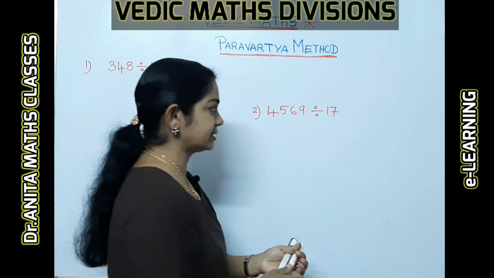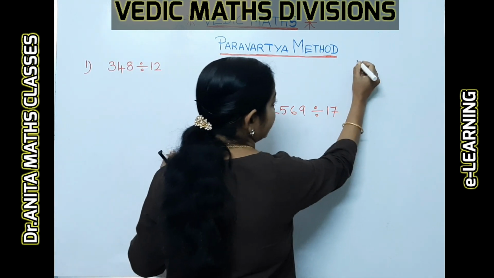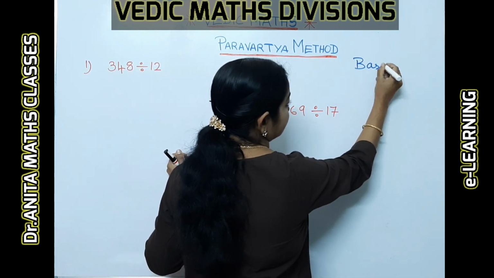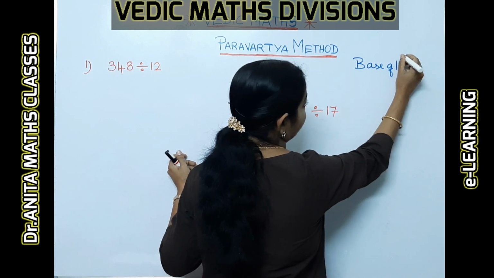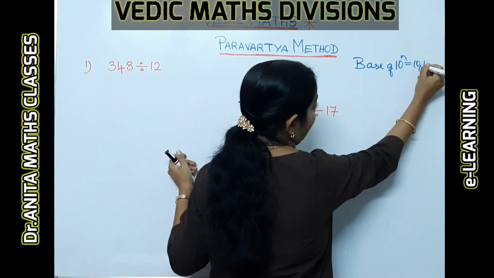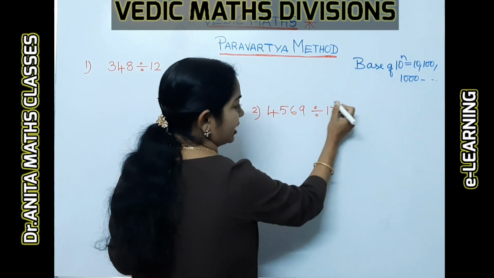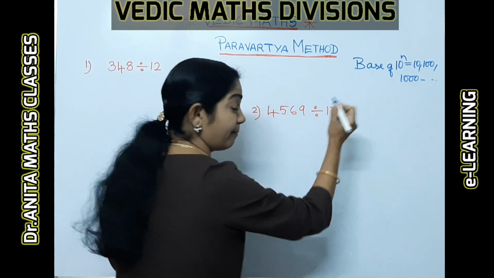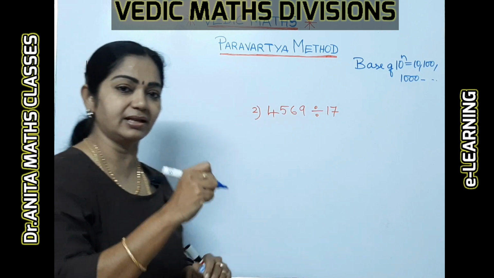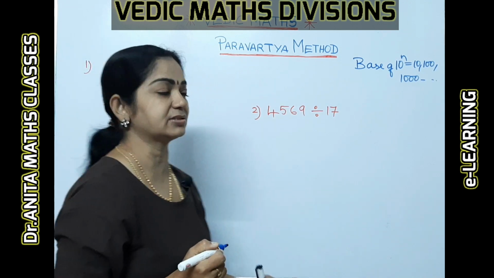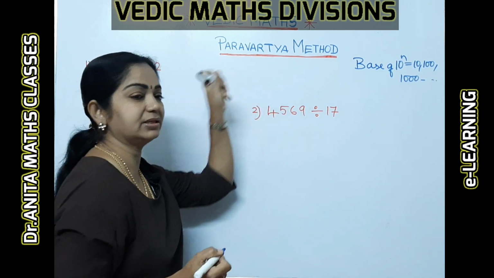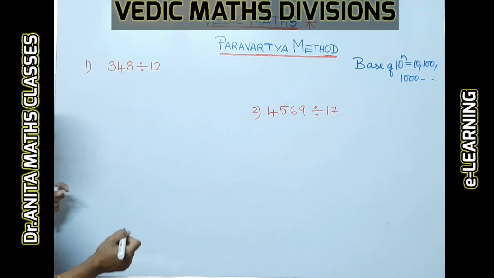What are the base numbers here? The base of 10 to the power of n, that is 10, 100, 1000, and so on. Here the divisor is above the base, whereas in the Nikhilam method it is just below the base. Let us start with the example problem.